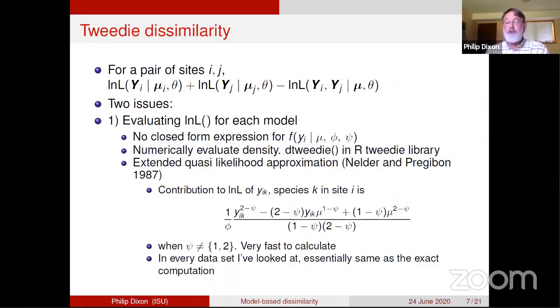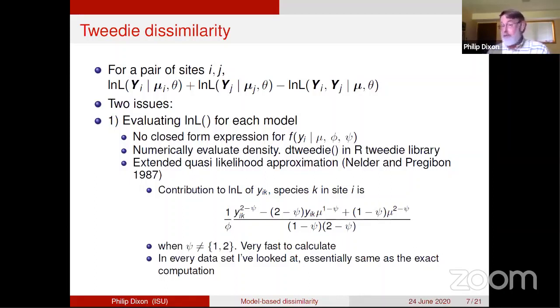The dtweedie function applies a couple of different ways of approximating it depending on where in the parameter space you are working. But there's an alternative, which is the extended quasi-likelihood approximation from Nelder and Pregibon.